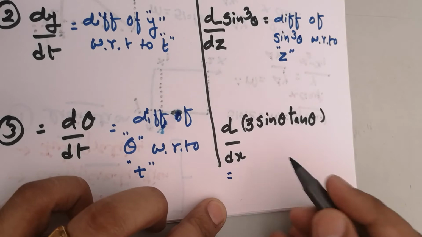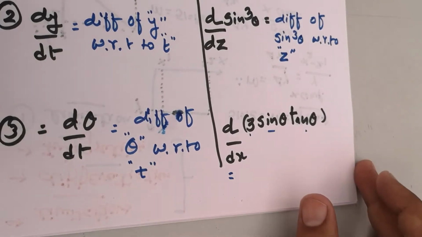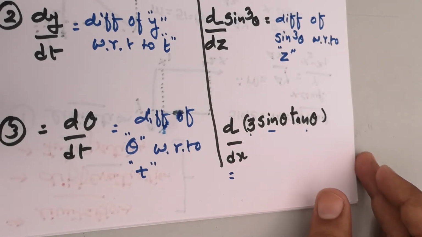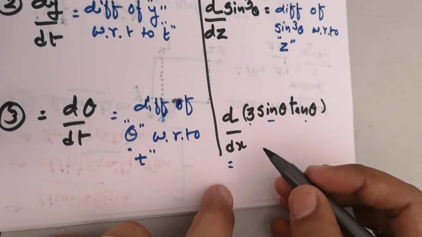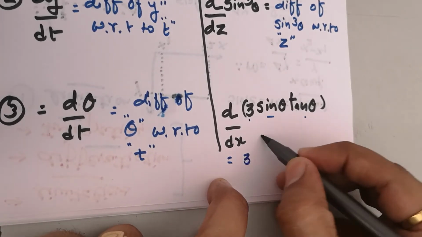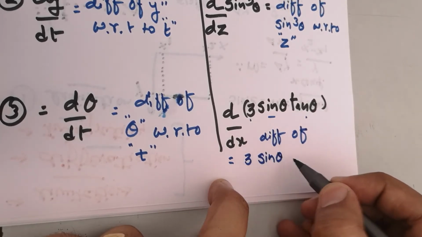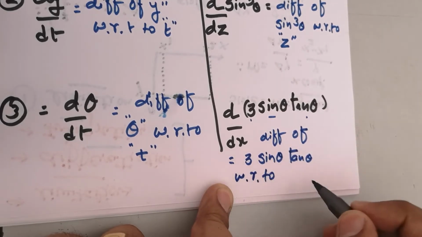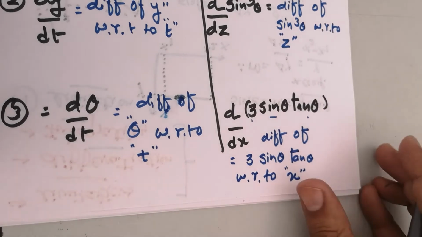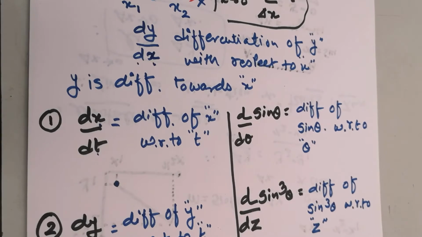As per our general discussion, there are three physical quantities which cannot be utilized or differentiated. But right now we are learning how to read it, so we will read it first of all. It is called differentiation of 3 into sine theta into tan theta with respect to x. So this is how we will read it. In this clip we have learned how to read our quantities. Let's say I am just giving you another example.